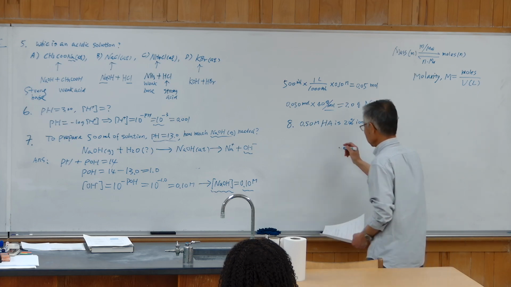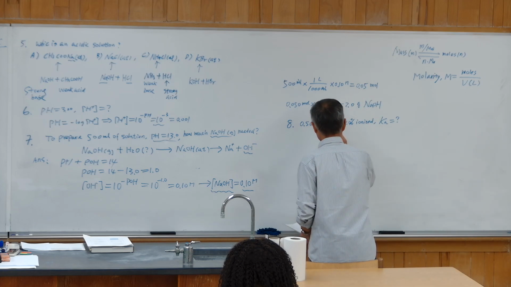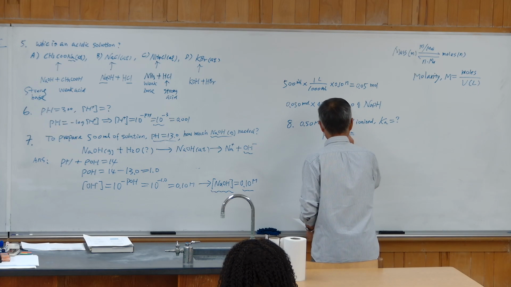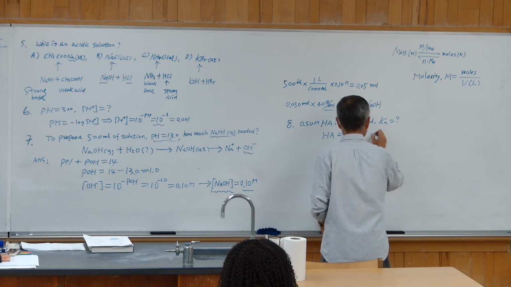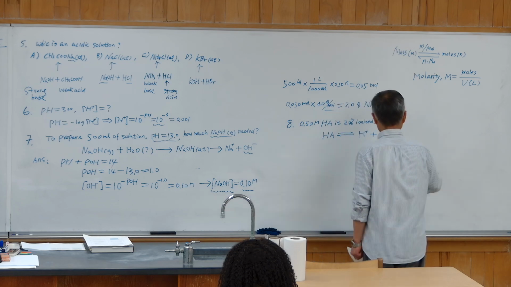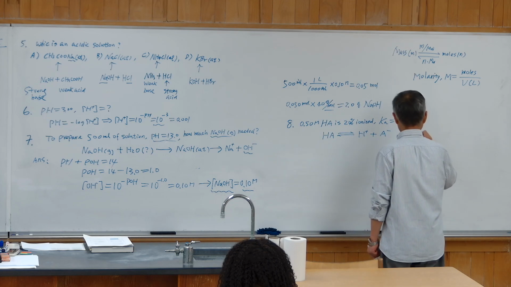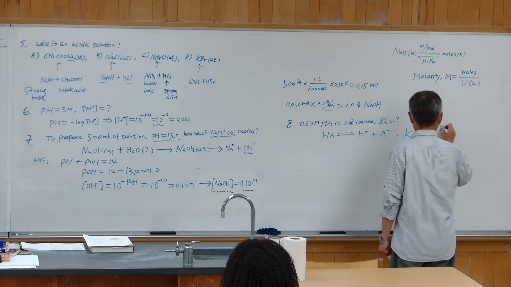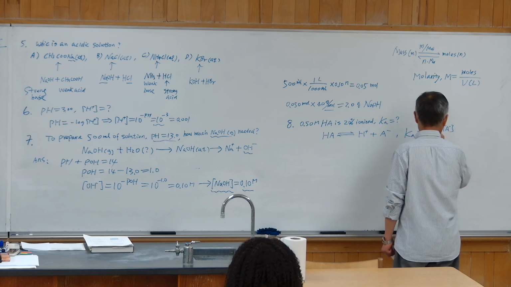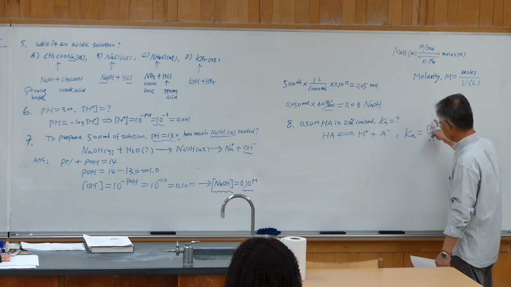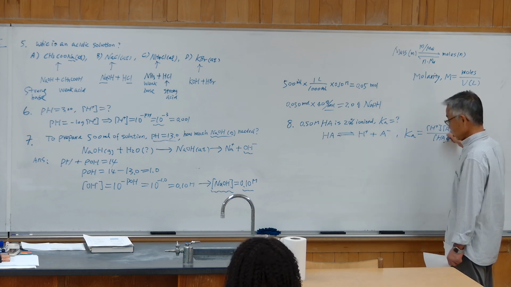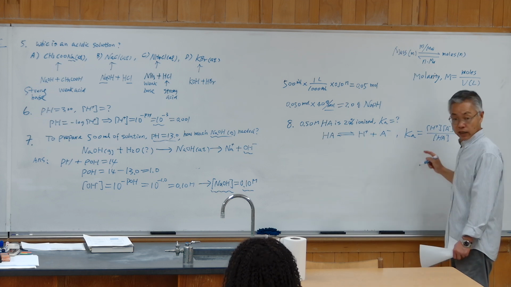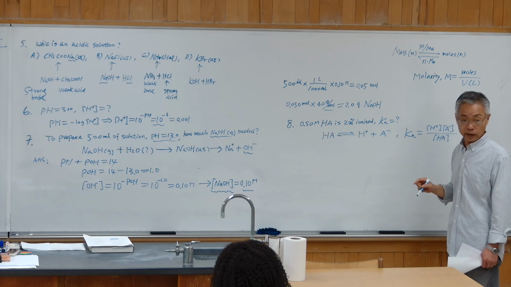So you need to list how the weak acid ionizes, because Ka is this, right? We need to figure out the hydrogen concentration, the A minus concentration, and the molecular HA concentration to calculate the Ka.